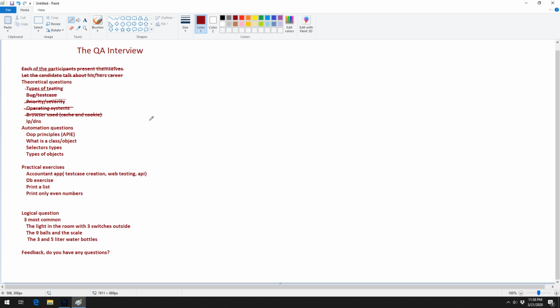Okay, last and not least, I'm going to go through the IP/DNS. The most common question that I ask is, okay, you go into the browser and you type, I don't know, www.google.com. How does your PC know how to map that address to the Google server?